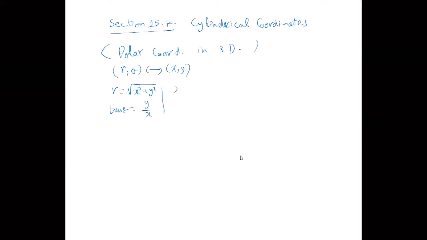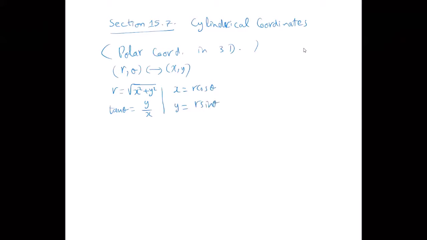The other way is, if you know r and theta, you can change it into x and y the way we usually do. X is r cosine theta, and y is r sine theta.